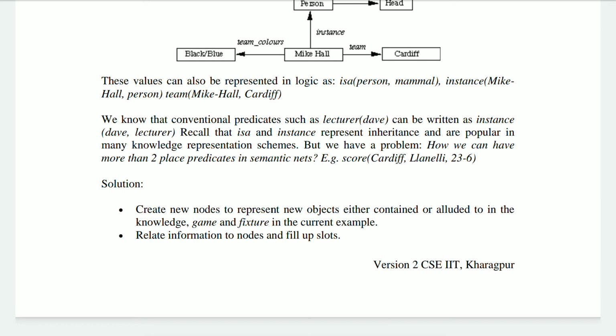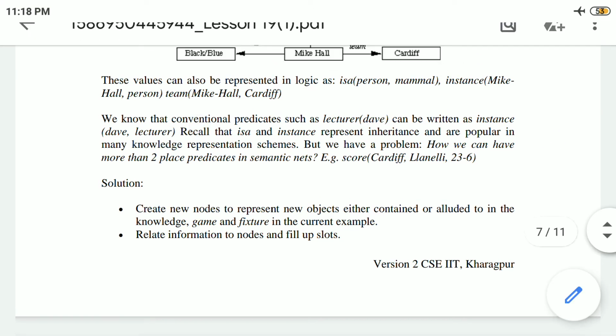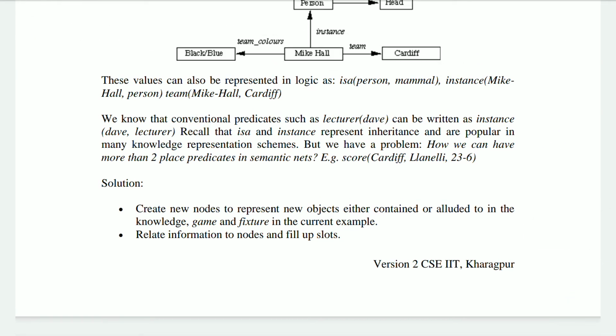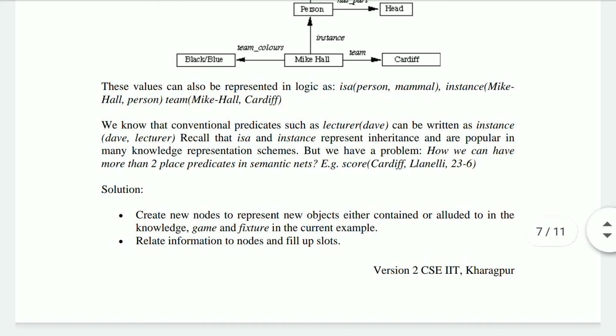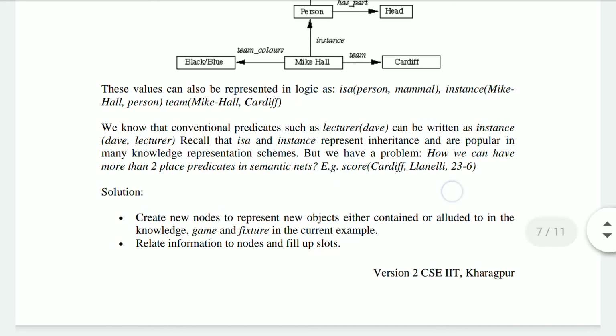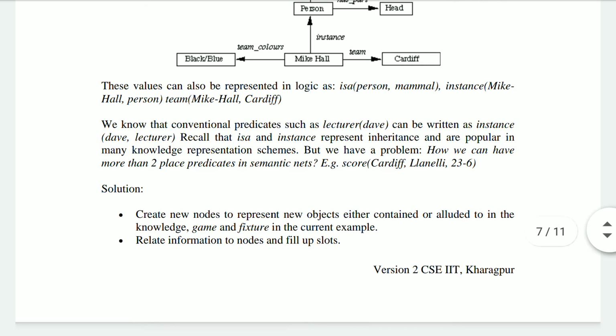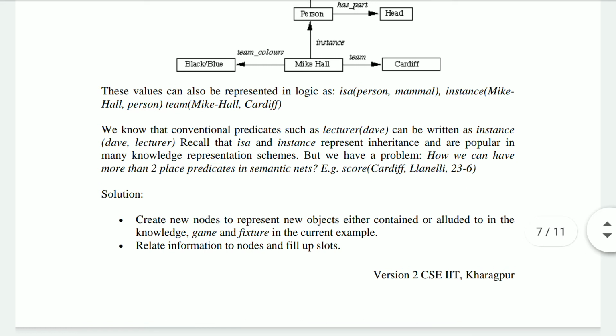Here we have one place predicates, that means Dave is a lecturer and Dave's instance is a lecturer, right? But how are we going to deal with it when we have more than two place predicates in a semantic net? Example: Cardiff and Llanelli have a score of 23 to 6.